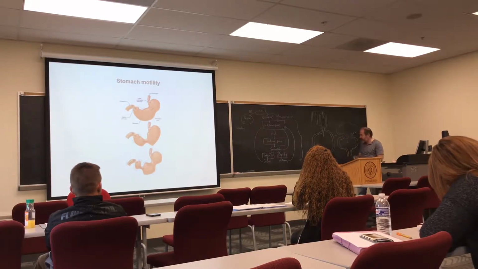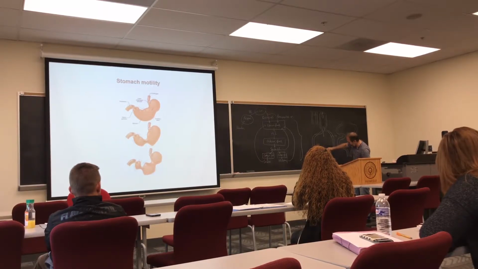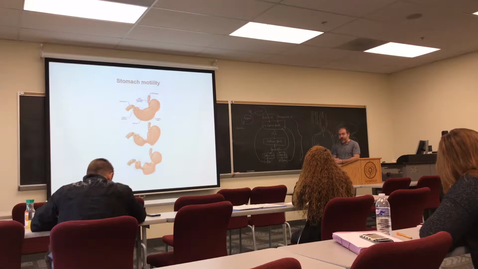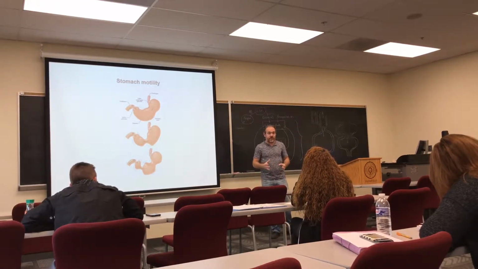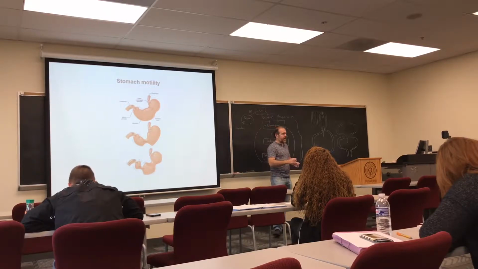A sphincter is a ring of muscle that acts like a gate, right? Sphincters can be open or closed. If they are open, obviously, things can go through them. If they are closed, things don't go through them.